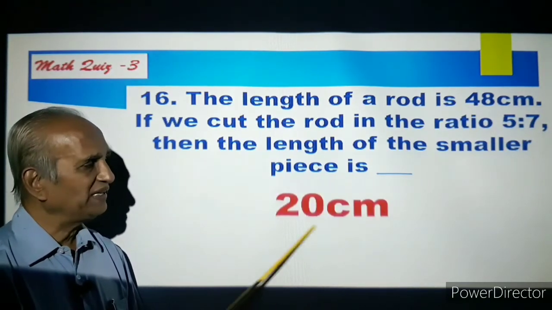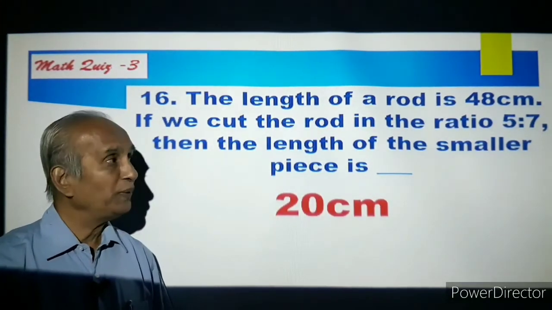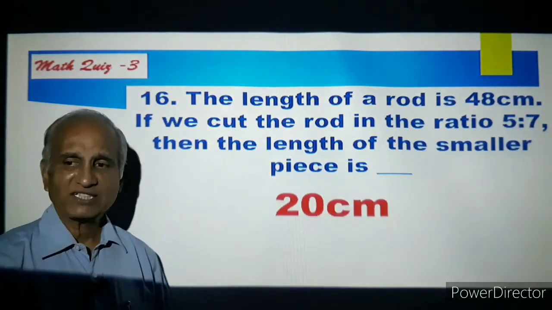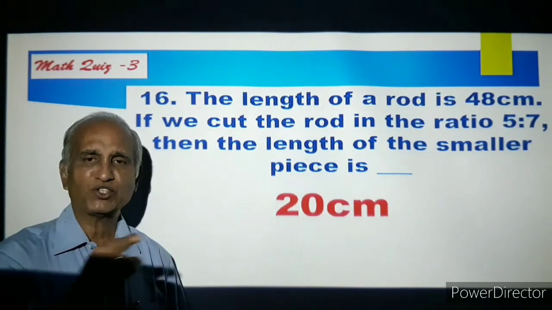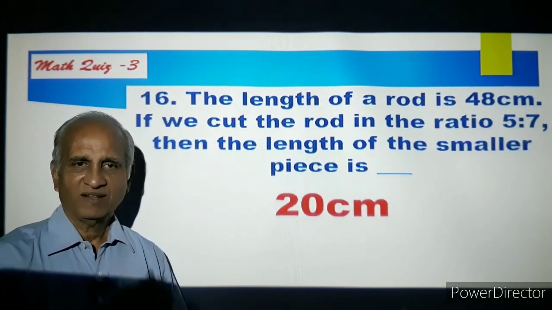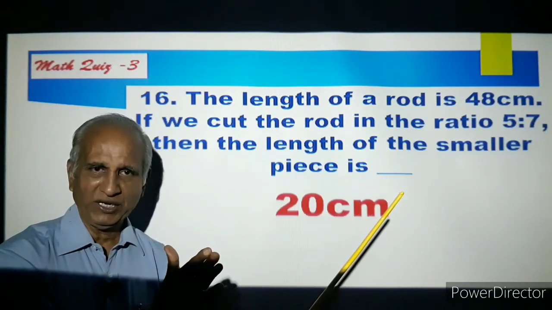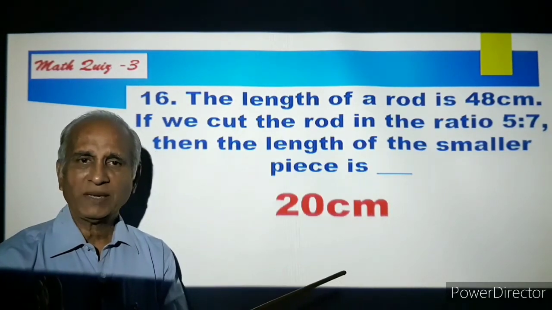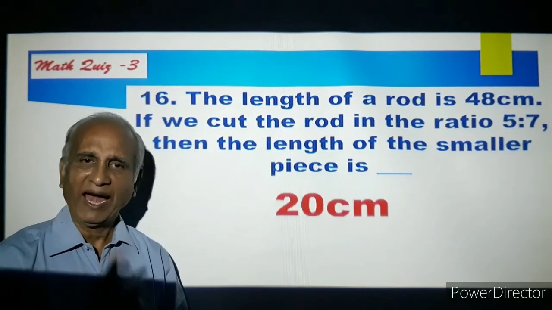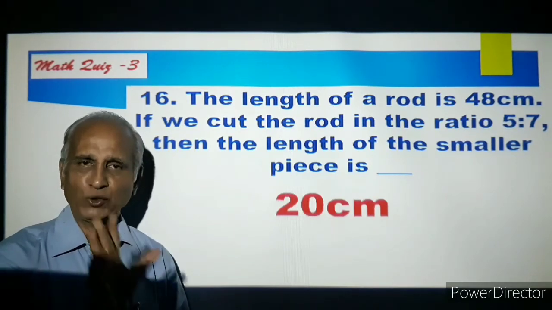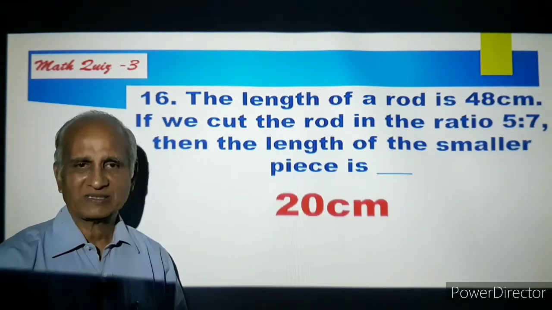The answer is 20 centimeters. How do we get it? The rod has to be cut in the ratio 5:7. The smaller piece will be of 5 units. The longer piece will be of 7 units. Add them. 5 plus 7, totally 12 units.